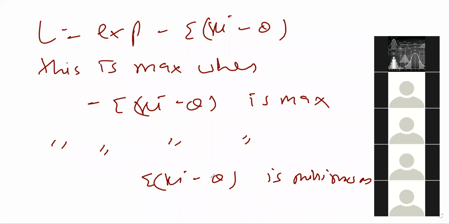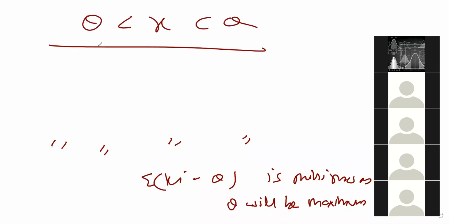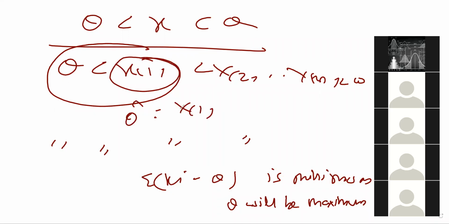When this will be minimum, theta will be maximum. And when will theta be maximum? We know that x is lying from theta to infinity. So with x1, x2, ..., xn as order statistics, the maximum value of theta is x1. Therefore, in this case, x1 will be the MLE.